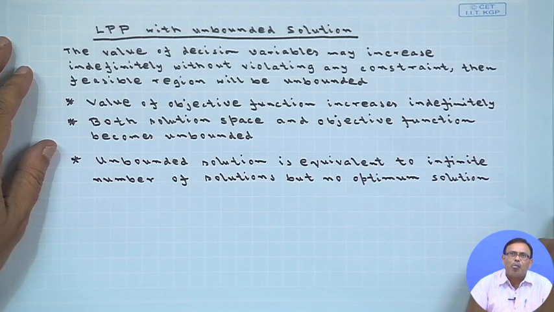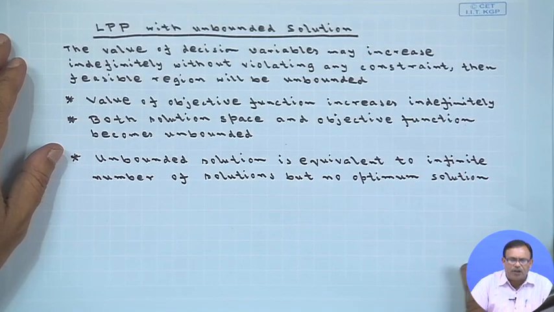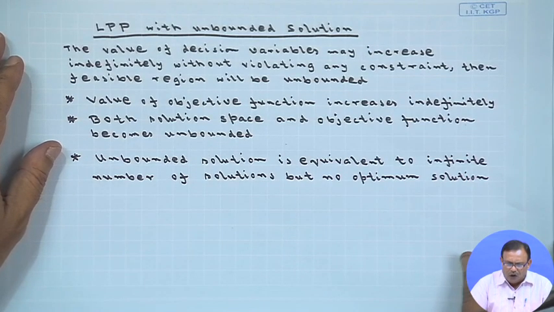Please note this one. If the feasible region is unbounded, you can obtain a number of solutions which satisfy your constraints, but you will not obtain the optimum solution. The examples are given earlier. So, next, the simplex method we will start in the next class.